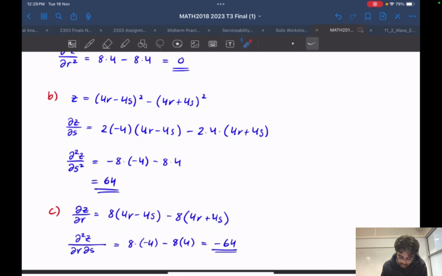And same thing here, minus 2, the 2 comes down, multiply by the 4, and then you can just take 1 away from the power. So 2 minus 1, you're just left with 1. Right? And when you add it all up, you get 64.